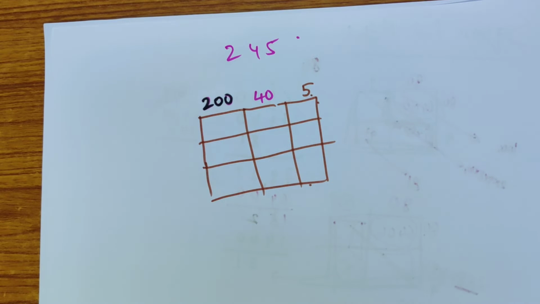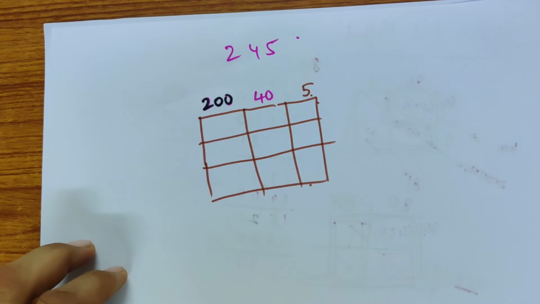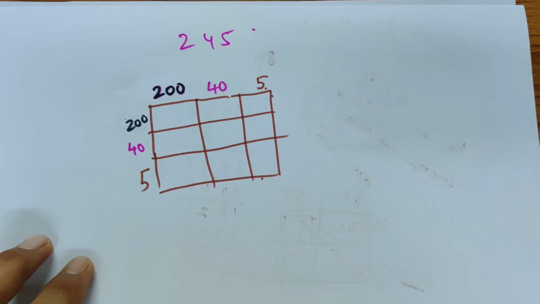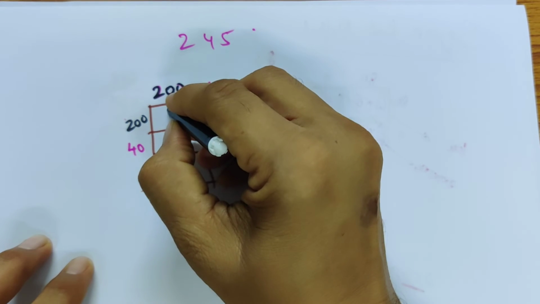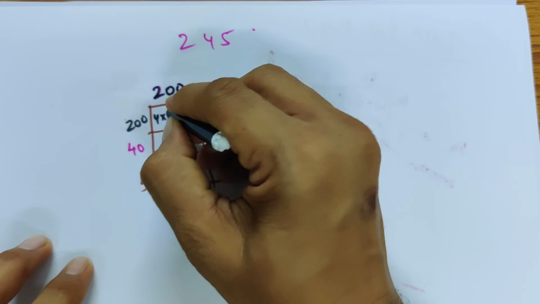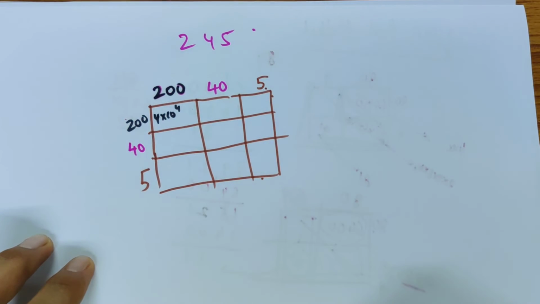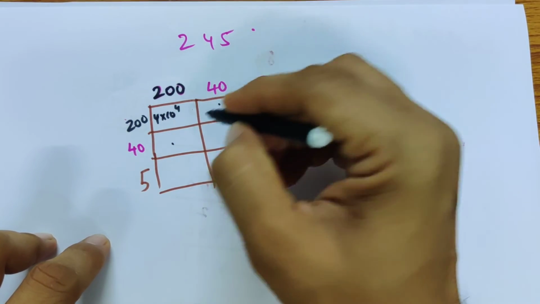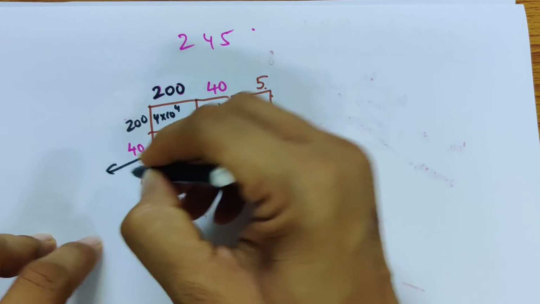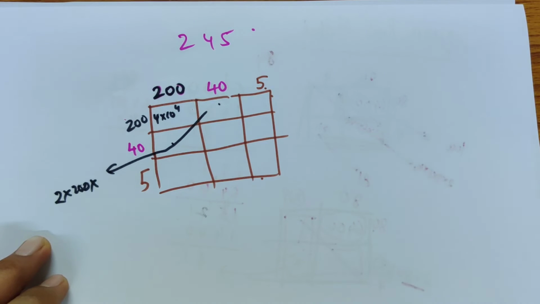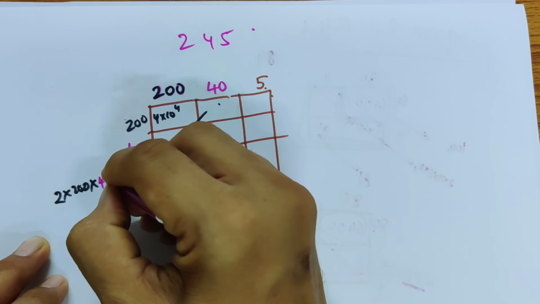So now when I look at the square, I will first be looking at this thing, which is basically 4 and 4 into 10 to the power of 4, 4 zeros, right? So this results in 4 zeros. These two result in 3 zeros each. So this guy will be 2 times 200 times whatever was a digit. In this case we have 4 or 40, right?